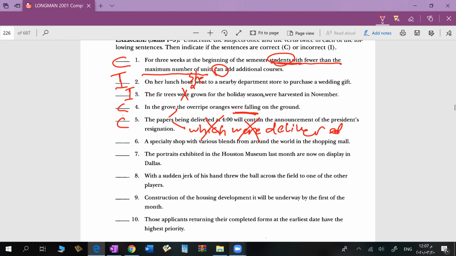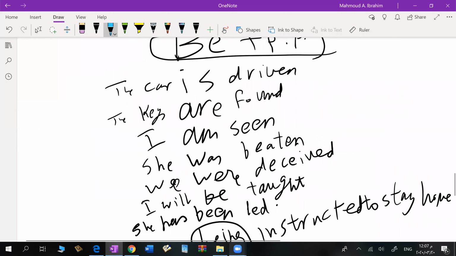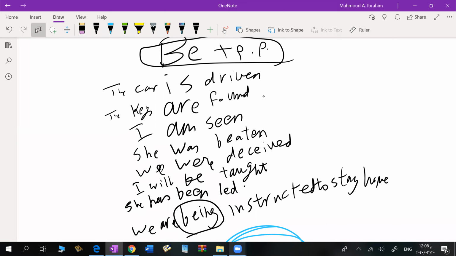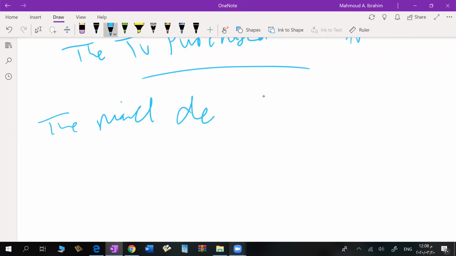What is the gerund of were? Being. Correct. We said earlier that these are the forms of be: is, are, am, was, were, be, been, being. The gerund of be is being. Okay? I'll say it again. The sentence is "the mail being delivered."